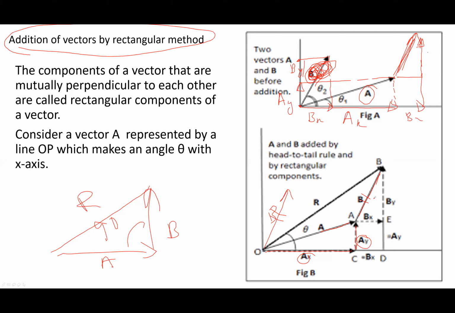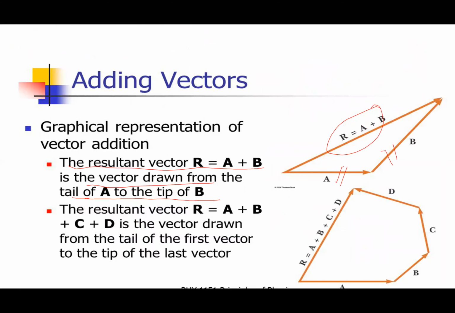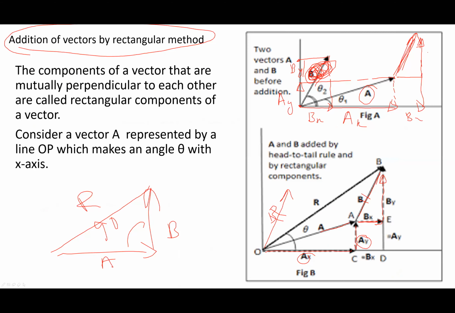Now this is vector B. This is the horizontal component of vector B, and this is the vertical component of vector B. Now I will change the color.